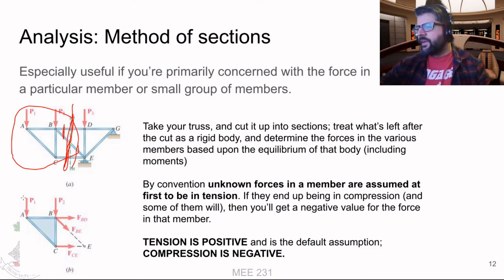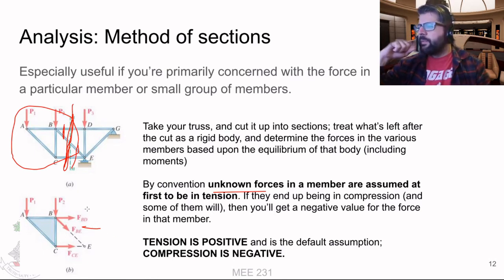So again, we just got the 2 loads, and then we got the forces from the members. Since we don't know what they are yet, by convention, unknown forces are shown to be in tension. If they do end up being in compression, and again, some of these will be in compression, because otherwise it'd be impossible for this structure to be in equilibrium.